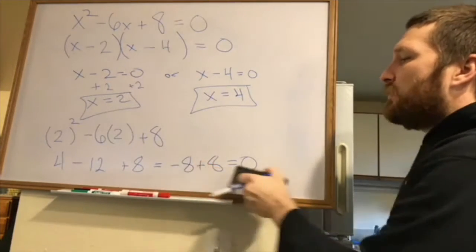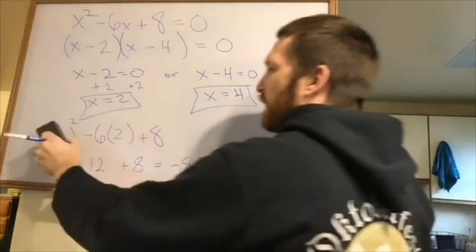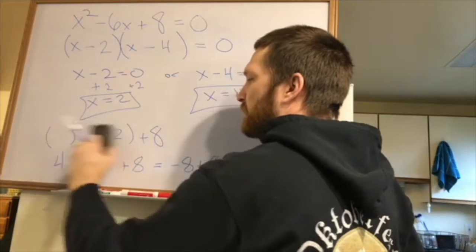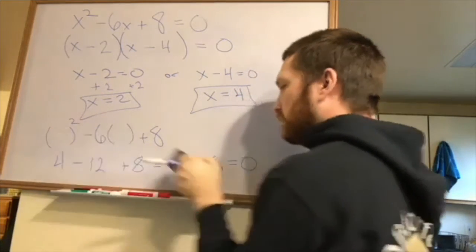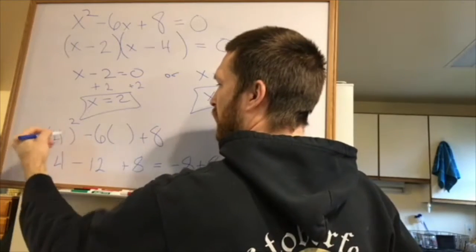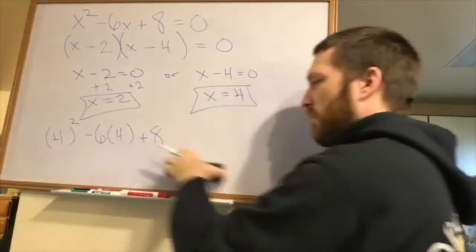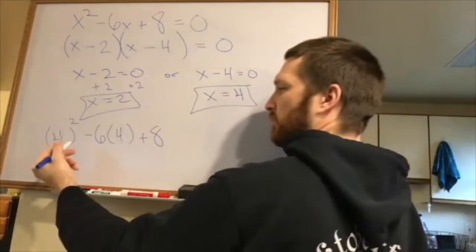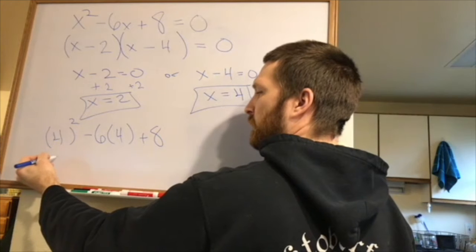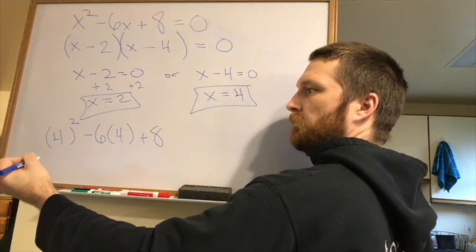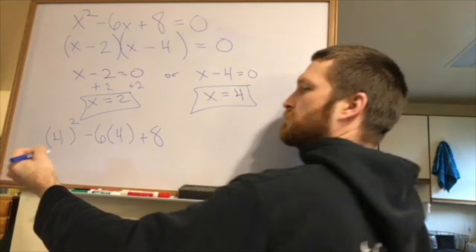What about if we had plugged in a 4? Let's see if that works. Okay, so plug in a 4. Now what do I get? What's 4 squared? 16. Right? What? No, 4 times 4. 16.